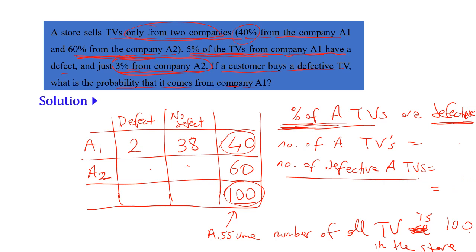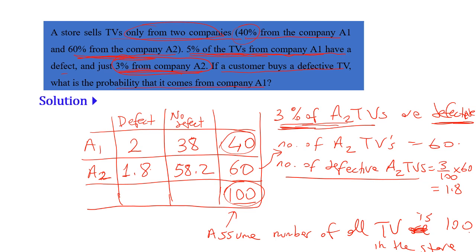The number of A2 TVs is 60, so the number of defective A2 TVs is 3% of 60, which is 1.8. The rest, since the total is 60, has to be 58.2.